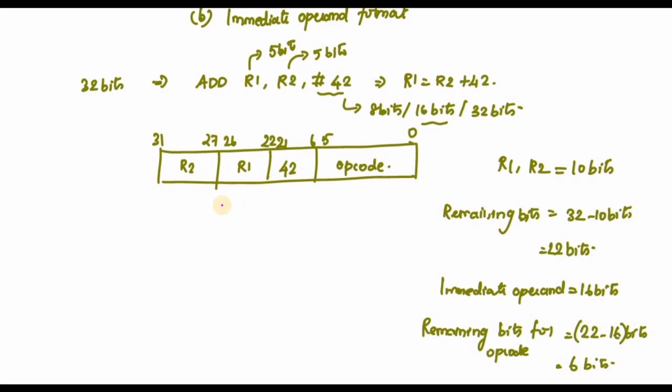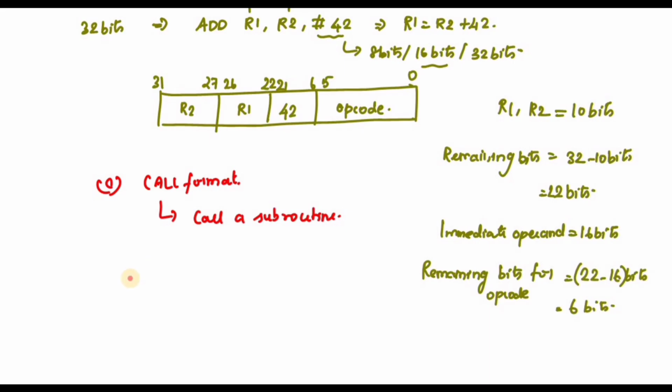So this is the format for the immediate operand. In a similar way, I can assign it for the call instruction. The next one is the call format. This call format is used to call a subroutine. It only needs the specific opcode and the immediate value, which is used to determine the address of the first instruction in the subroutine.